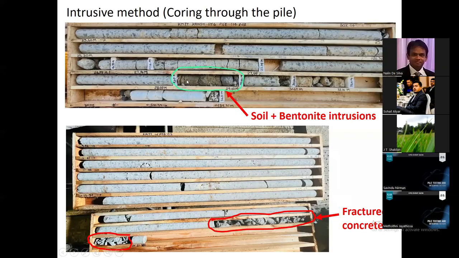You can see at a certain depth, 26-meter depth, an intrusion of soil plus bentonite, like this part. Here is another core taken from another pile. You can see fractured concrete, indicating low quality concrete along the pile. So these defects have to be rectified.